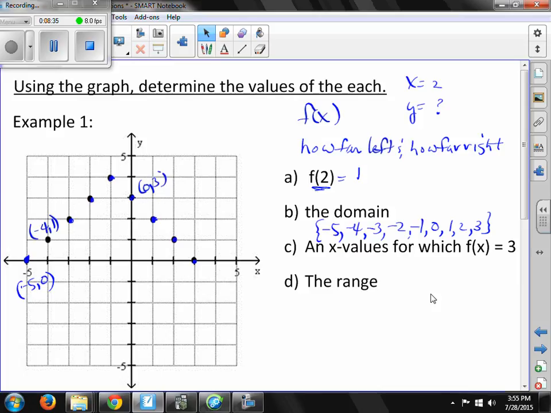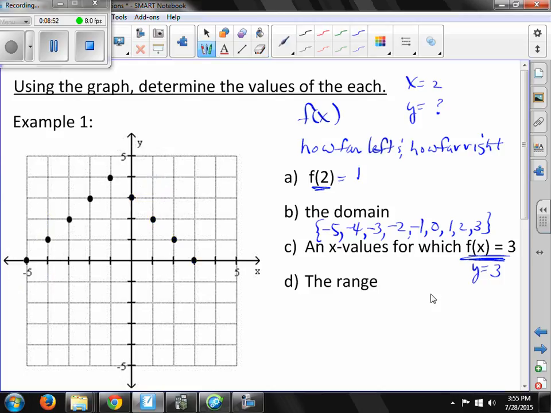So we want to find x values for which f of x is equal to 3. In other words, y is equal to 3. We want to find the x value where y is equal to 3. So let's come up over here on the y-axis and go up 1, 2, 3.